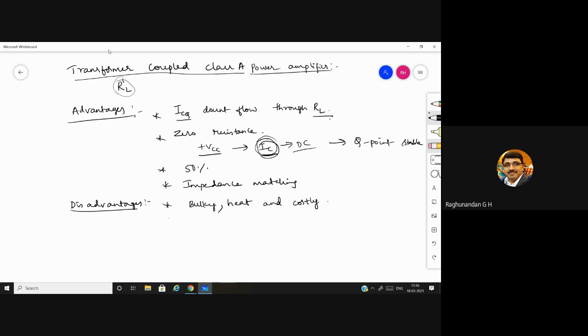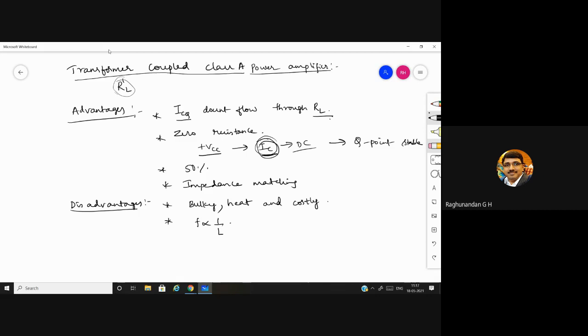And one thing you should know, we are going to study the frequency response in the upcoming chapters. But whenever you are using a transformer, this is directly going to affect the frequency, because f is inversely proportional to L. Inductance is inversely proportional to the frequency.